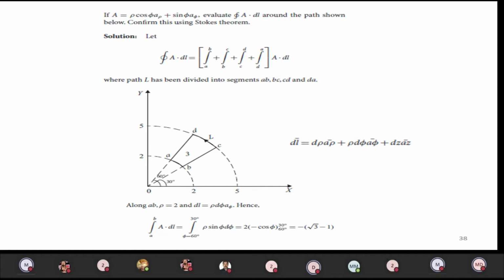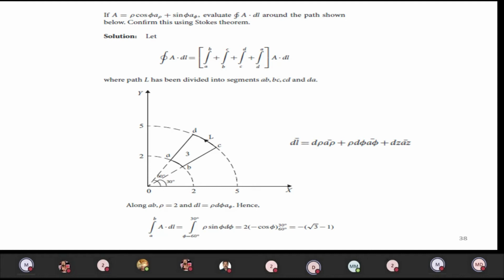What I have said in the last sessions is a very important thing, and it is very useful in the divergence theorem and Stokes theorem. dl equals d rho a rho plus rho d phi a phi plus dz a z.